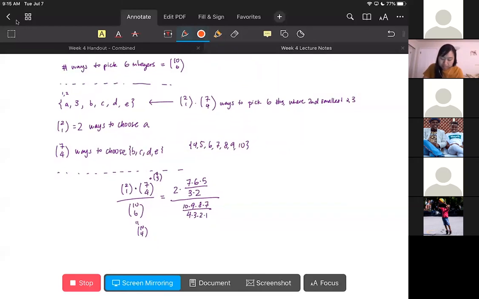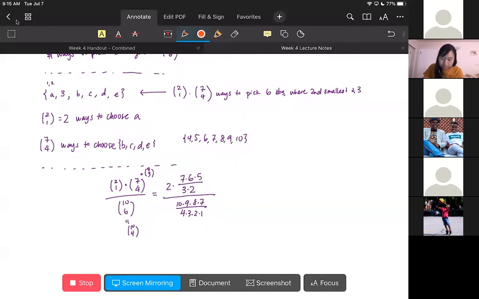Since you made it 7 choose 3, wouldn't there be a 4 multiplying the 7 times 6 times 5? So remember, these are the same. So 7 choose 4 is 7 factorial over 4 factorial times 7 minus 4 factorial, which is 7 factorial over 4 factorial, 3 factorial.